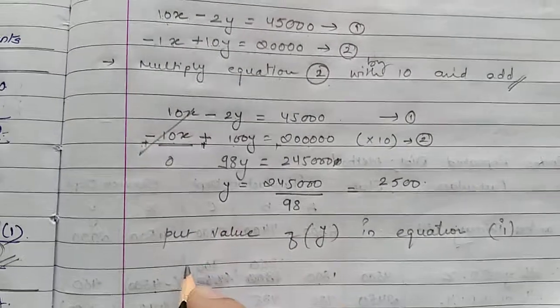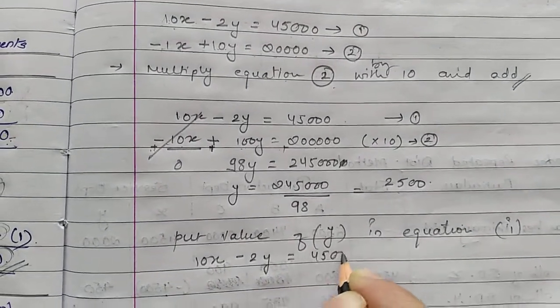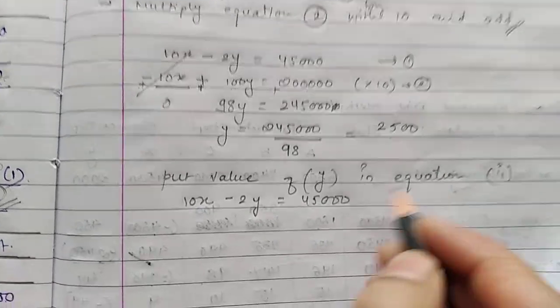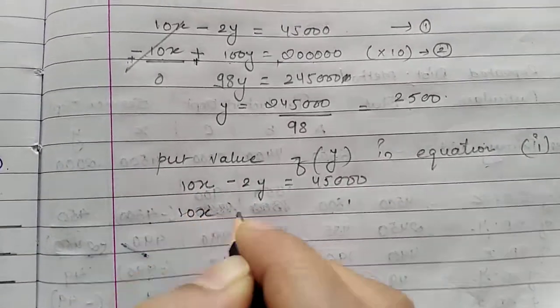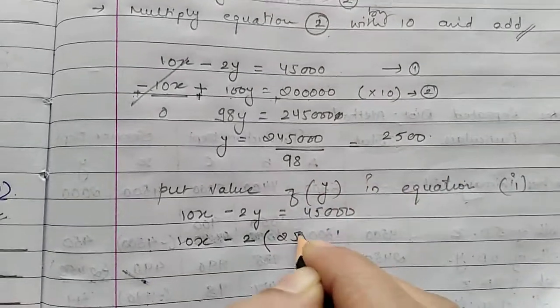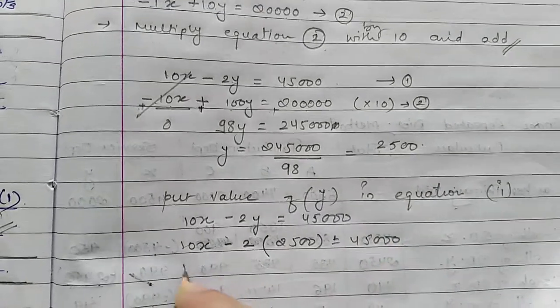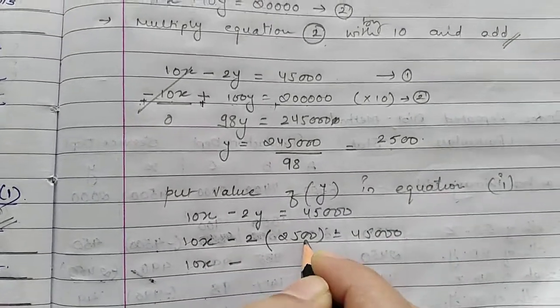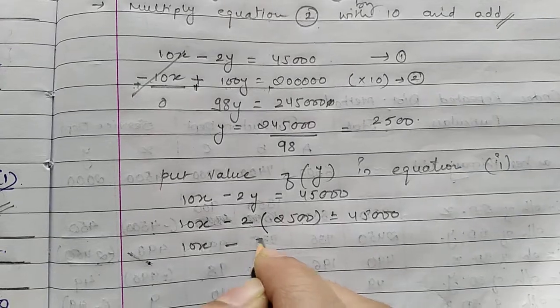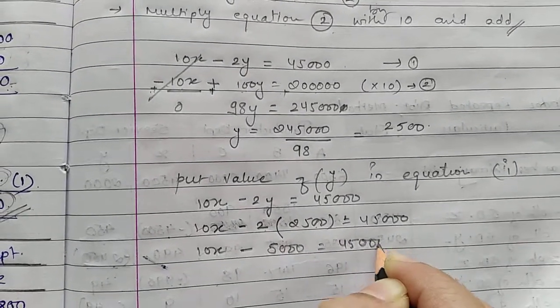See here, I have 10x minus 2y equals 45,000. I will put the value of y here, so it will become 10x minus 2 into, what is the value of y? 2,500 equals 45,000. So 10x minus 2,500 into 2 is 5,000 equals 45,000.